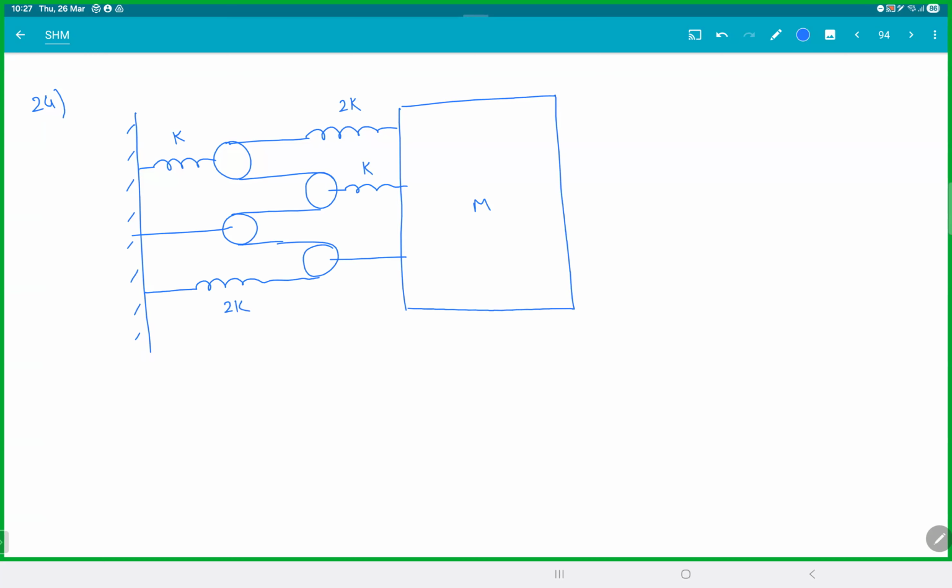Find the time period of this guy. Wait, I'll do one thing. Let me put as K1, K2, K3 because you'll get confused what is K and all. Anyway, you just have to find the K equivalent. No need to simplify. Let's see how will you find time period for this.